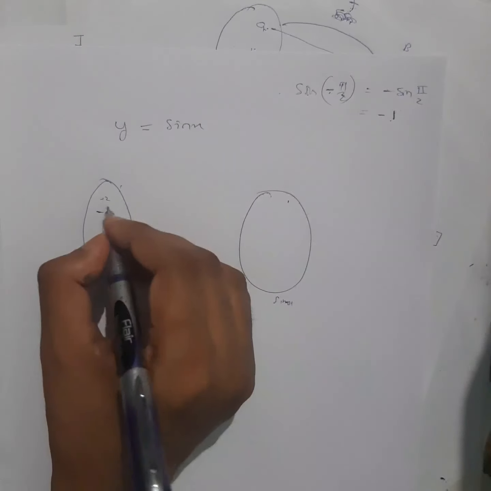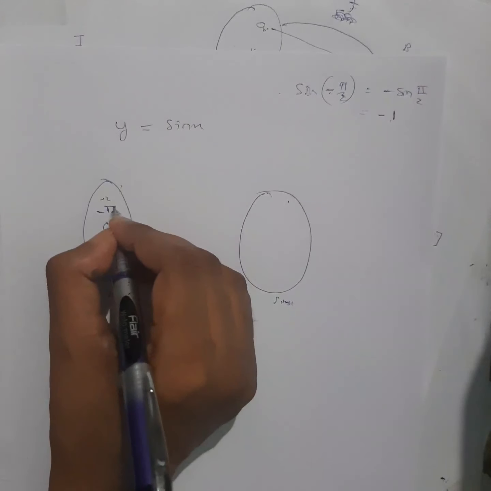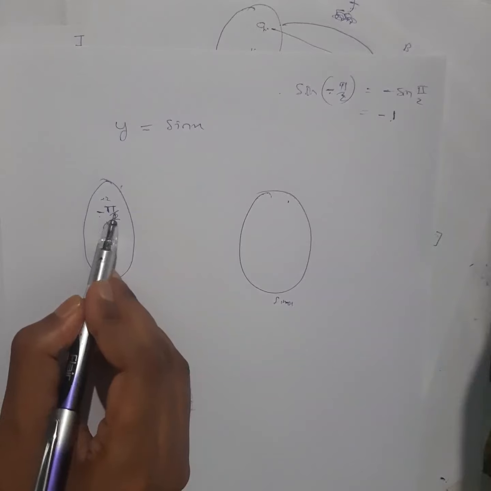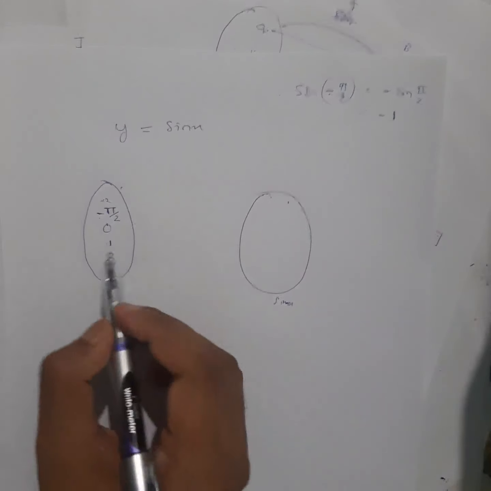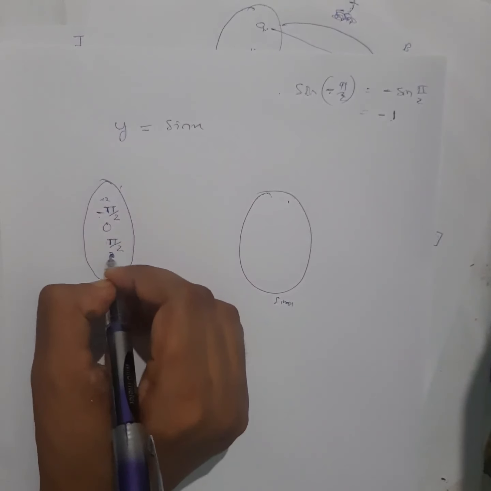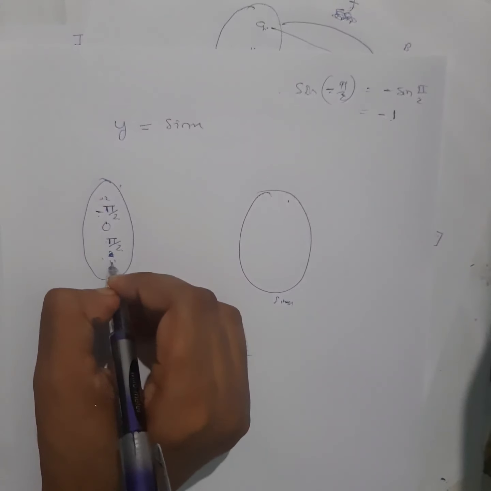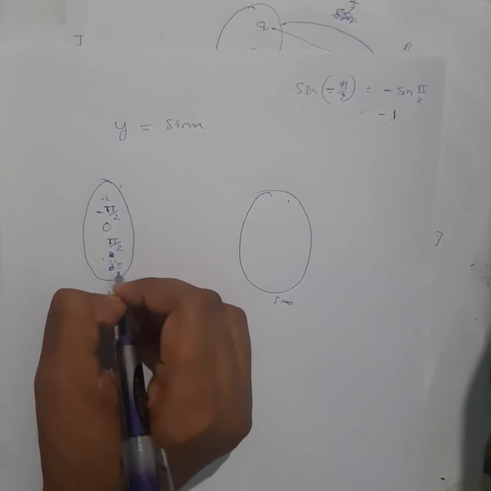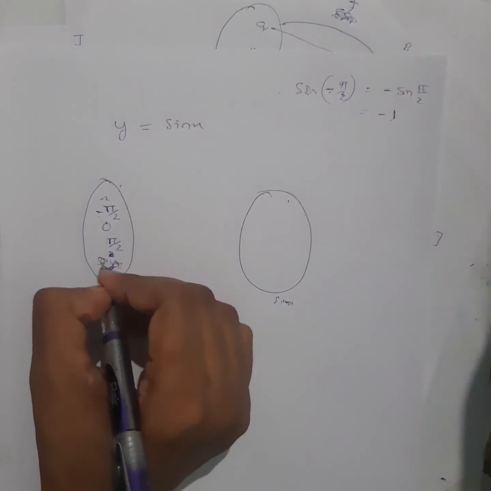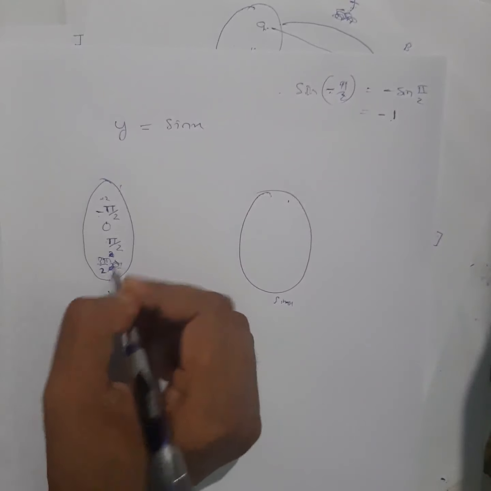Instead of minus real number like this, I will write minus pi by 2, which is nothing but minus 1.57, like that. Here I will write pi by 2. This also I can write in terms of radians, right? 2, 3, 4, 5, everything I can write in terms of radians like this. Pi by 2 here, 3 pi by 2 like that will come out, all the values.